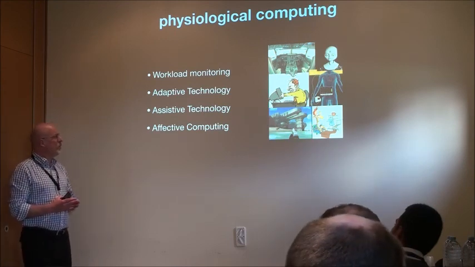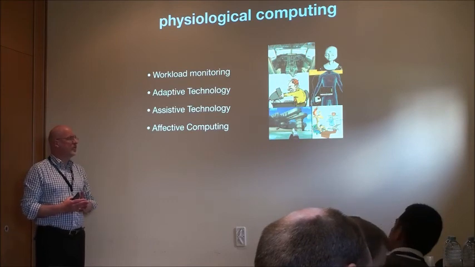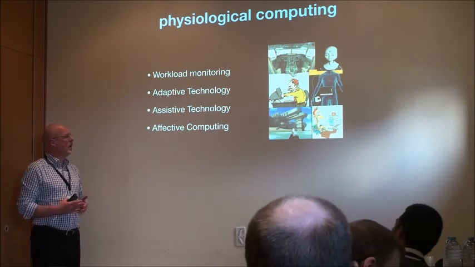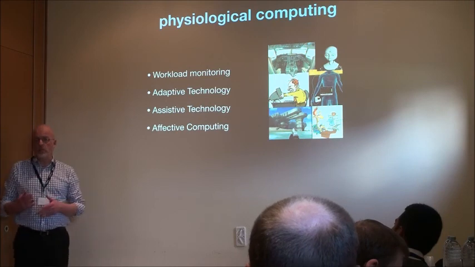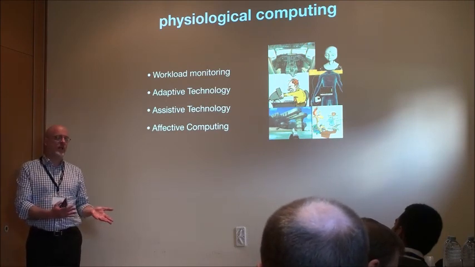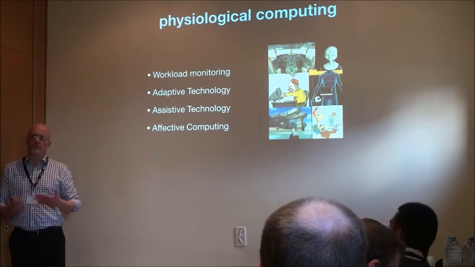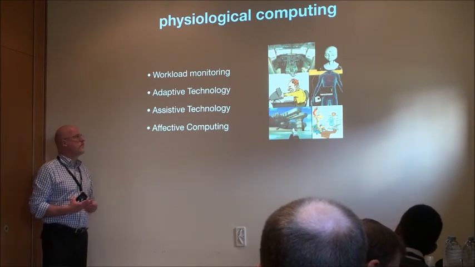But we can also use the same measures to adapt technology in a more general way. So if, for example, we have a person interacting with a robot and the robot needs to respond in a way that is socially and emotionally appropriate for that person, then we could use these measures to do that.